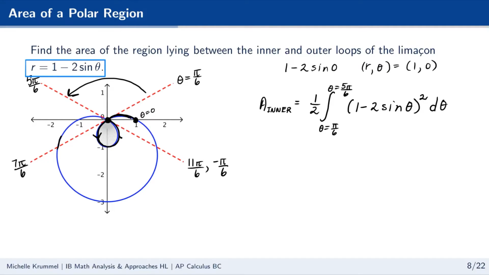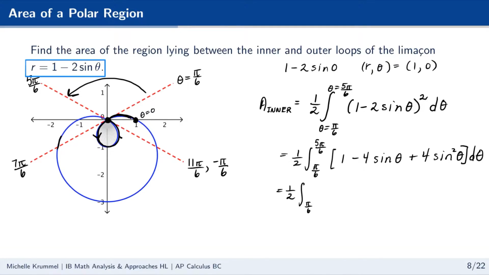Well, you need to FOIL that out or expand. So 1/2 integral from pi over 6 to 5 pi over 6. I'm foiling this out, so I'm going to get 1 minus 4 sine theta plus 4 sine squared theta d theta. One-half integral from pi over 6 to 5 pi over 6, 1 minus 4 sine theta.